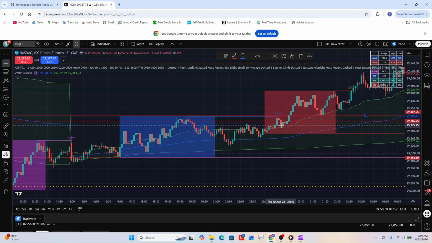So for me, the risk to reward on here, I don't think it's that great, because as you see, it came down, but it didn't stay down. We couldn't get a candle closure below this candle right here to create a session low, right?